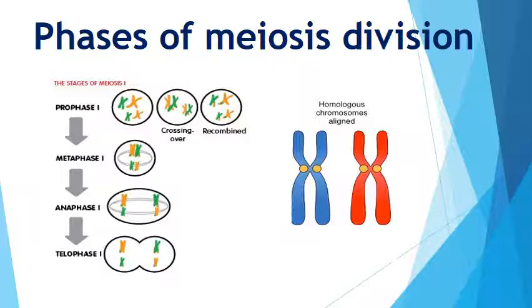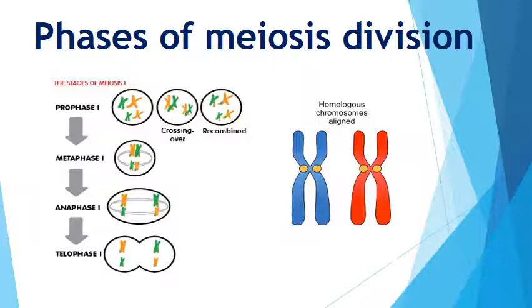The difference here in meiosis division is that the chromosomes are arranged in pairs called homologous pairs. Can you see the pairs? This pair is called a homologous pair.